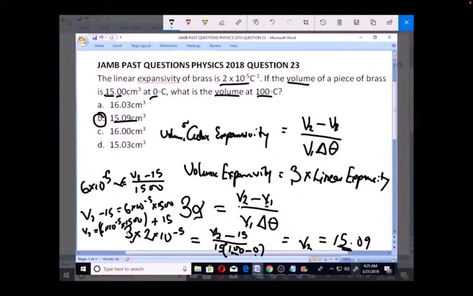If you multiply this out and add it up, you will get 15.09, because this times this gives us 0.09. So plus 15 gives us 15 plus 0.09. And that is the correct answer to this. Thank you.